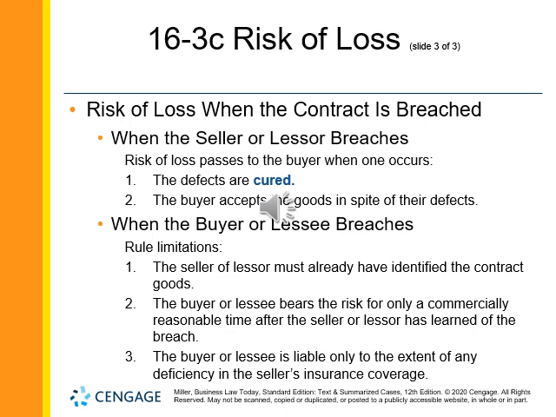The buyer or lessee only bears the risk of loss for a commercially reasonable time after the seller or lessor has learned of the breach, and the buyer or lessee is liable only to the extent that the seller's or lessor's insurance does not cover the loss.